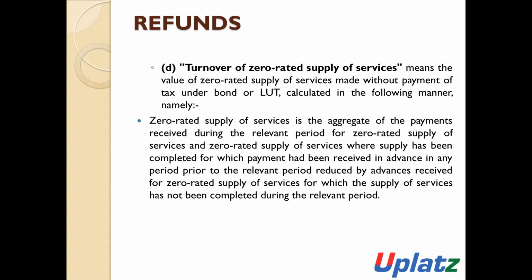Means we will take the total aggregate payment received in the relevant period for the zero rated supply of services, and we will reduce the amount of the advance which is received in respect of zero rated supply of services for which supply of service has not been completed during the relevant period.